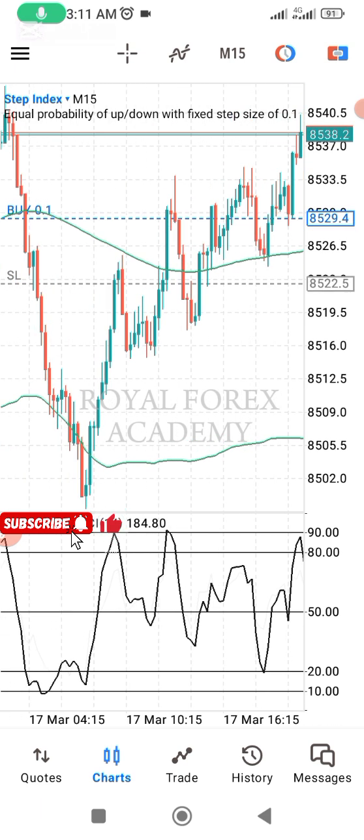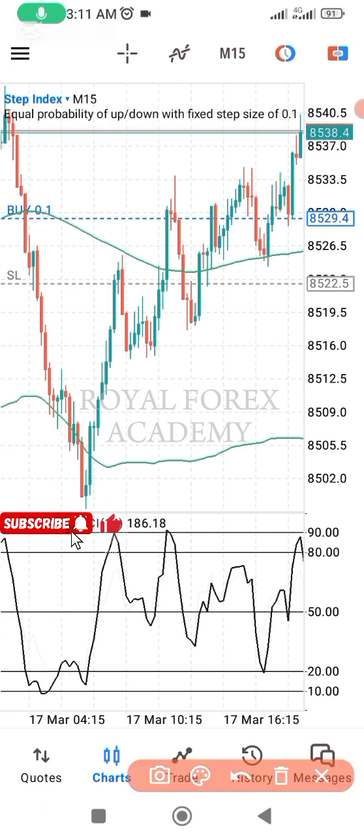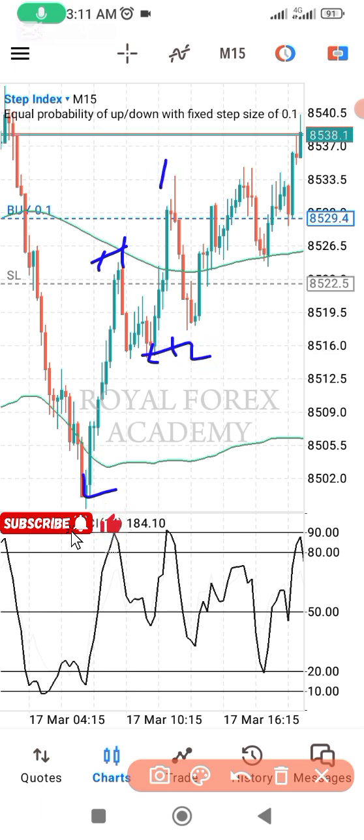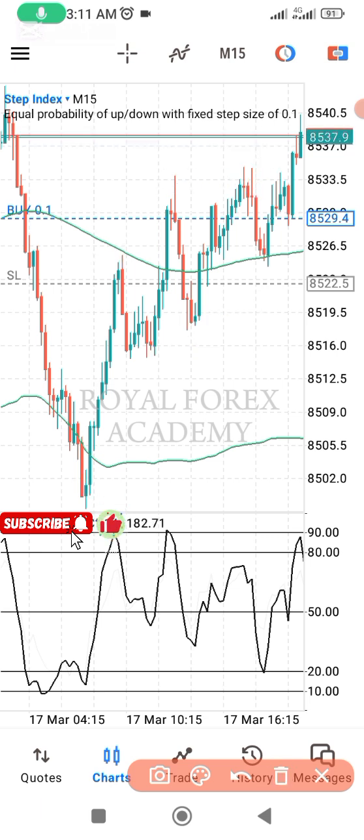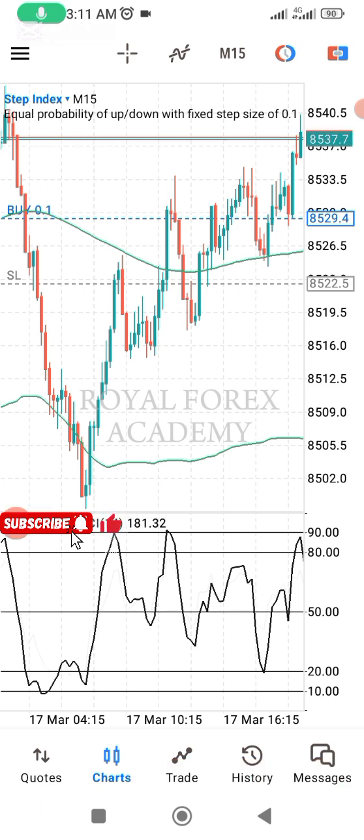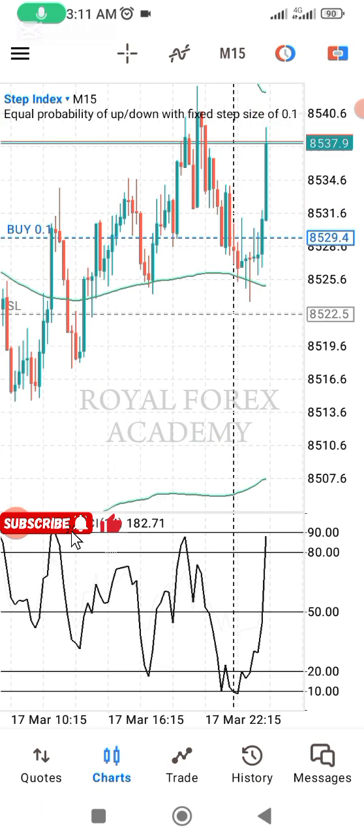So in this scenario, I realized that price left this zone, gave us a low, gave us a high, we have a higher low, we have a higher high, we have a new higher low, we have a new higher high. So when I realize that price is playing out in this order, I say to myself, then this is a structure.